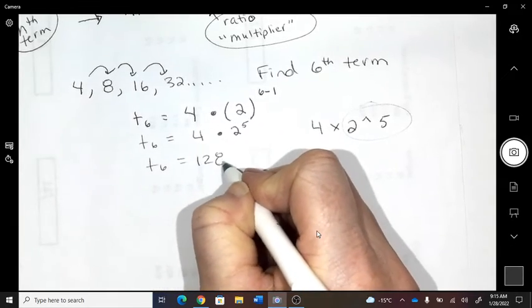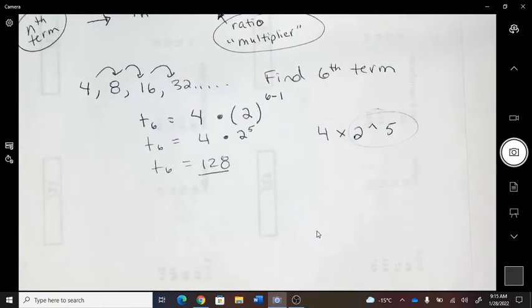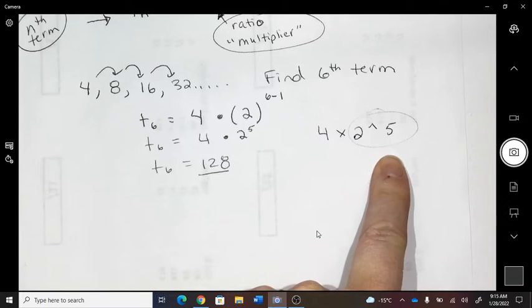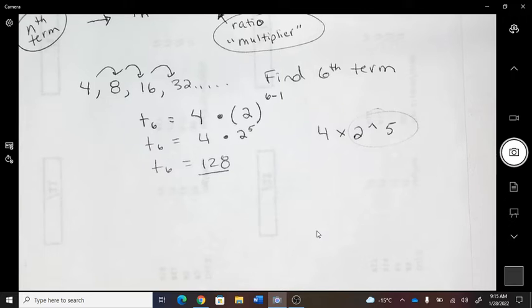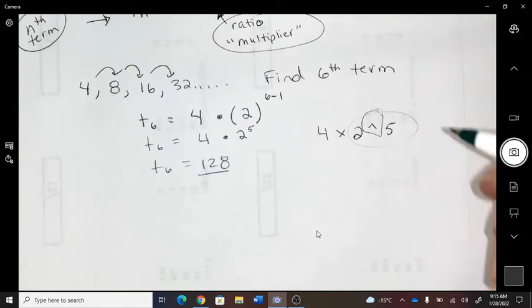So remember, we already thought the answer should be 128. So can you just practice this typing? 4 times 2 to the 5th. And does everybody know where that button is? The exponent button on your calculator? You know where it is? Everybody good with the button part?